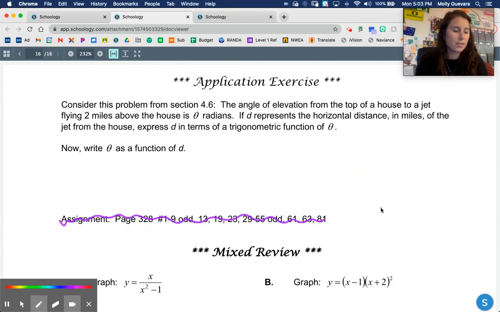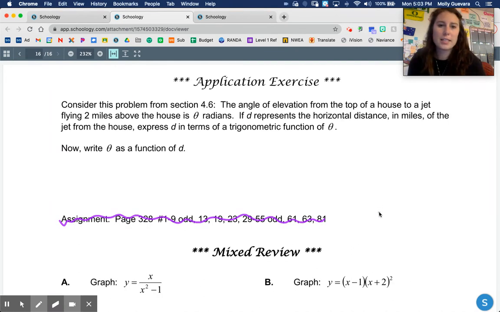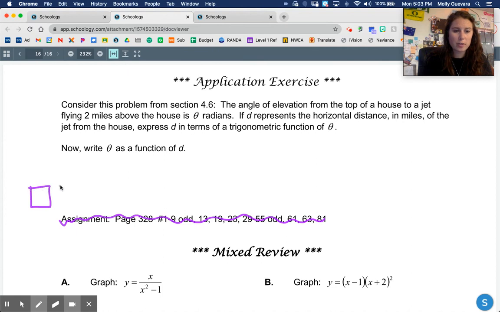All right, so let's look at our application exercise. In video 4.6, we did the problem at the end where the plane was flying away from the house, and we were able to find the equation of the plane. So here's the house. I'm going to draw it really, really poorly, but that's okay. Here's the plane.